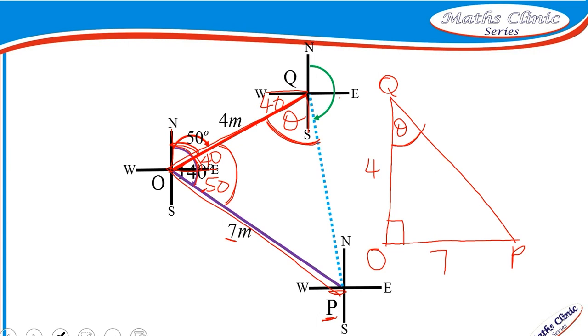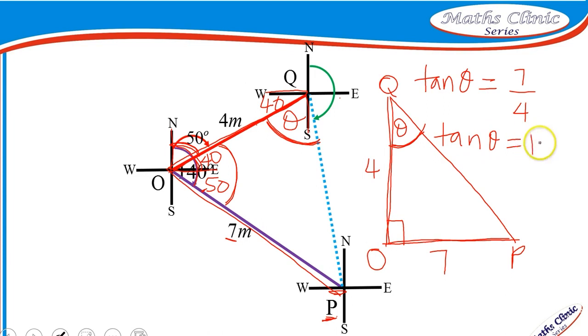So with Pythagoras theorem and the trigonometry ratio, I can find the angle theta here, since this becomes the opposite and this becomes the adjacent. So I need tan theta to be equal to opposite 7 over adjacent 4. So tan theta will be equal to 7 divided by 4, which gives 1.75.